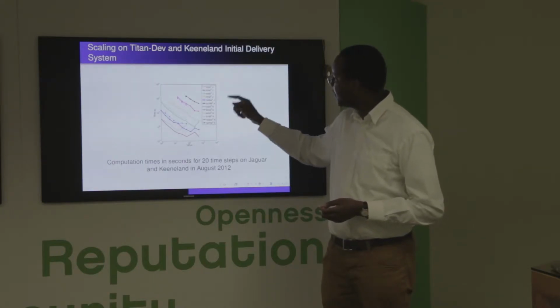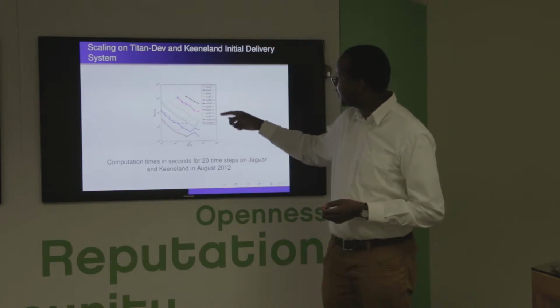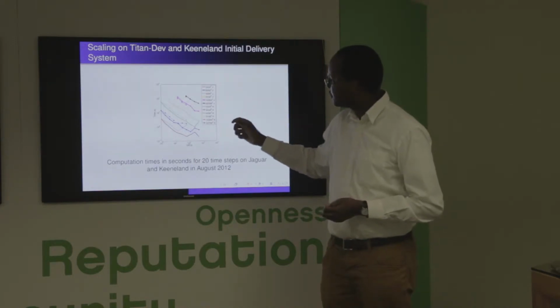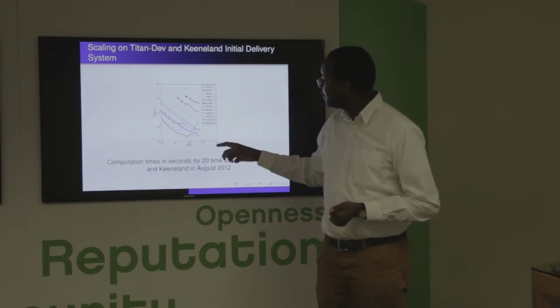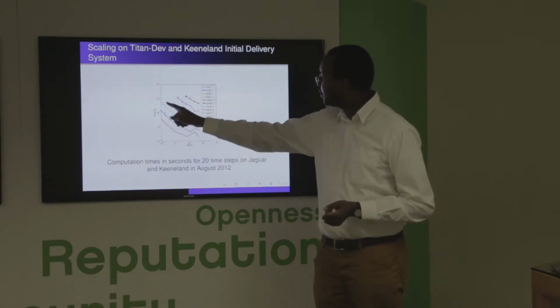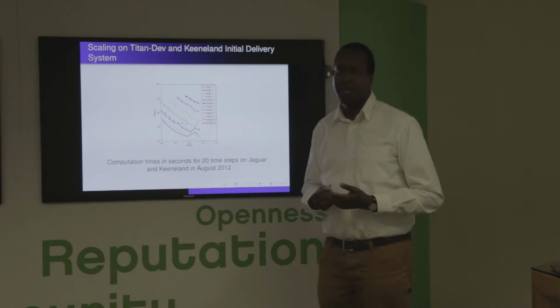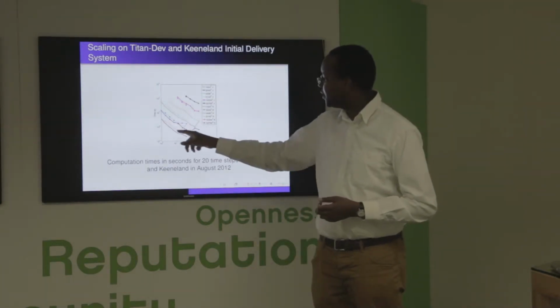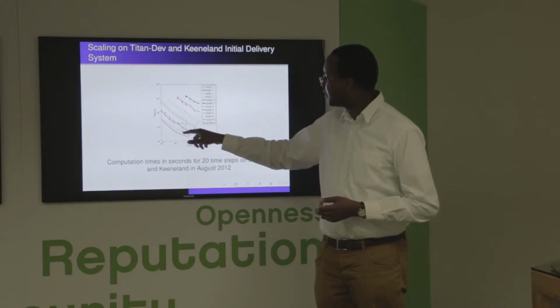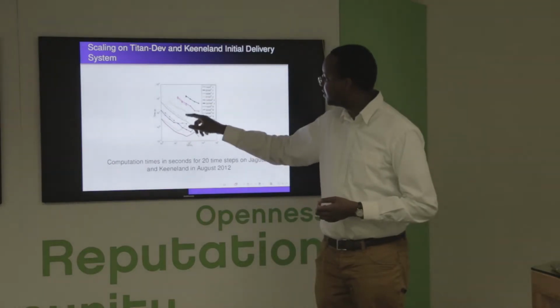J here is for Jaguar, K is for Kingland. Jaguar is a more expensive machine in this case. For one GPU, they give you exactly the same time, because it's exactly the same graphics card. When you use more GPUs, Jaguar tends to do better at small problem sizes.